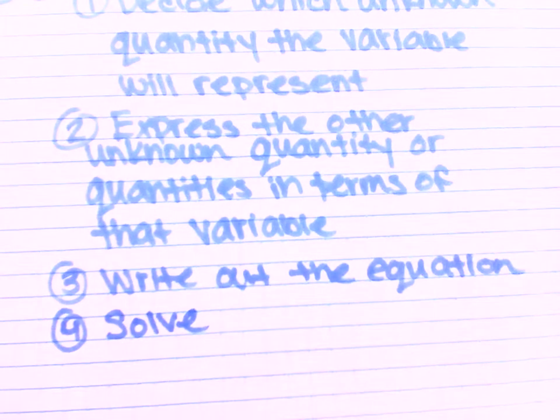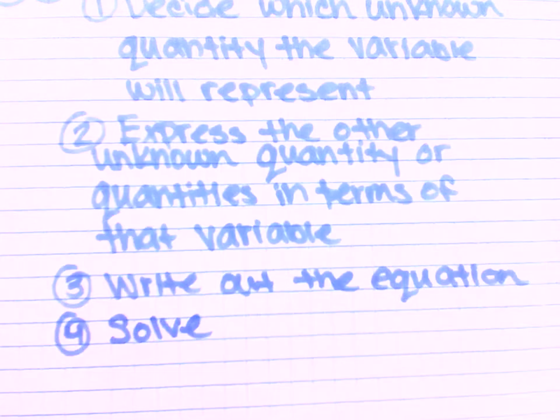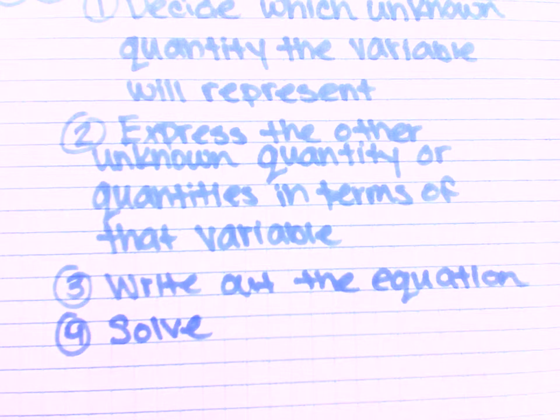Write out the equation, then solve. So we have 4 steps. Find what the unknown is. Figure out how everything else in that problem relates to the unknown. Write an equation, solve it. Okay? All right, we're ready for our model.